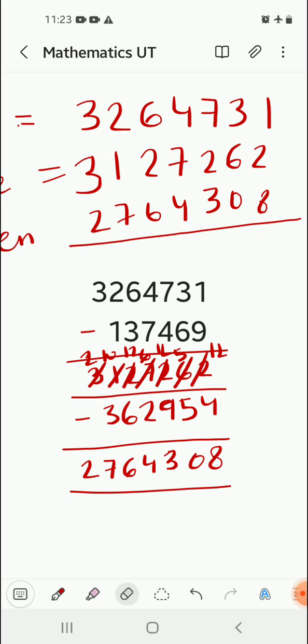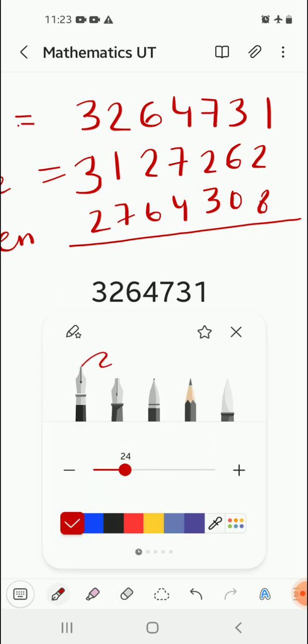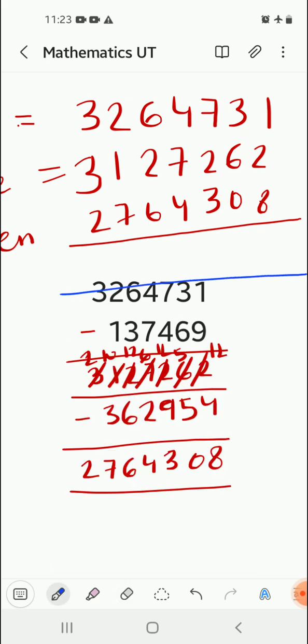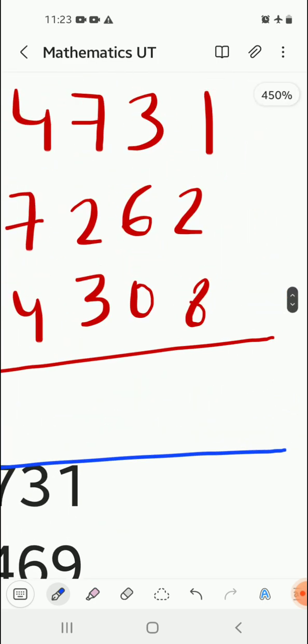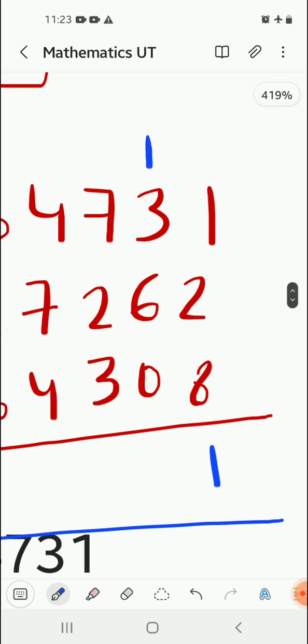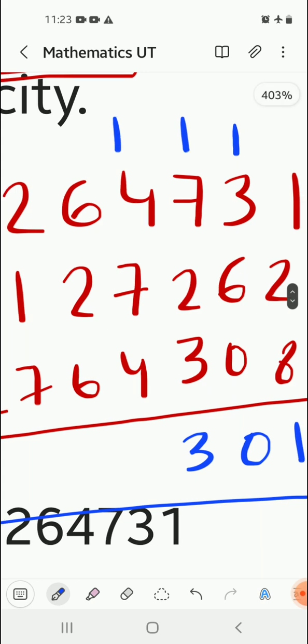So let's do it. Add all these three numbers to find out the total population. That is 8 plus 2 is 10 plus 1 11. 6 plus 3 is 9 plus 1 is 10. 7 plus 1 8 plus 2 is 10 plus 3 13. 3 plus 1, 3 plus 4 plus 1 is 5 plus 7, plus 9.